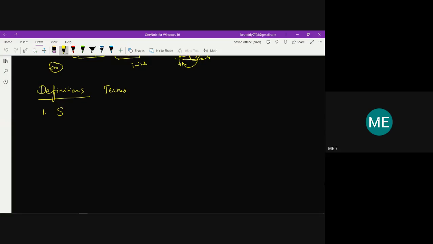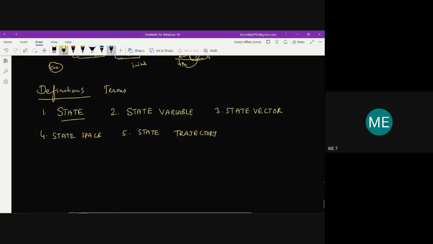First one is state, then state variable, then state vector, fourth one is state space, fifth one is state trajectory. These are the terms we are going to use in this state variable analysis, along with the definitions of these different terms.